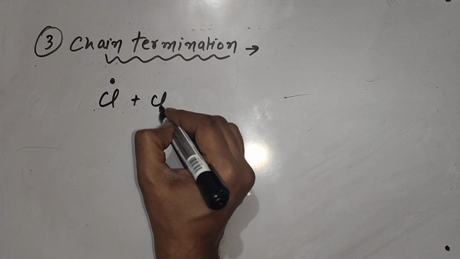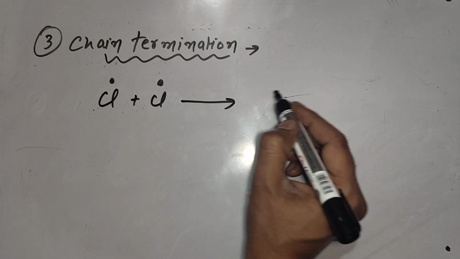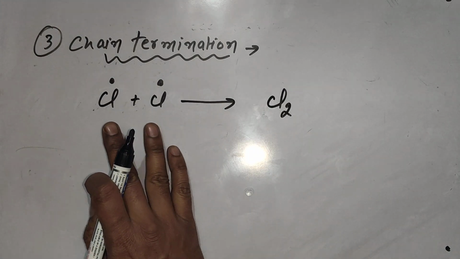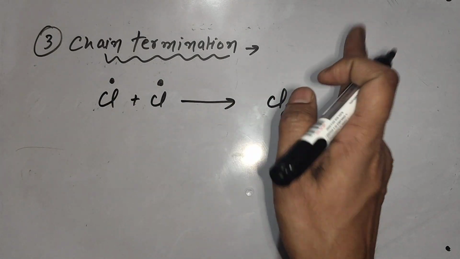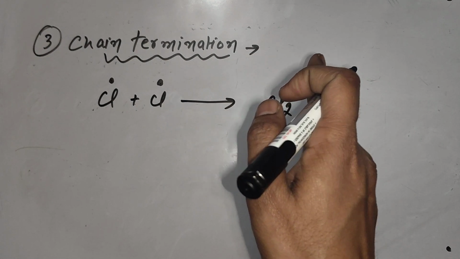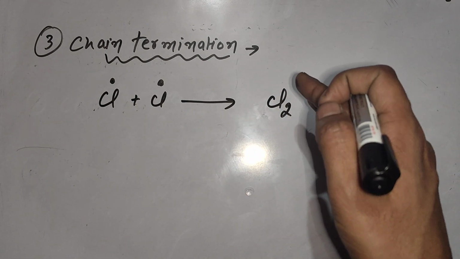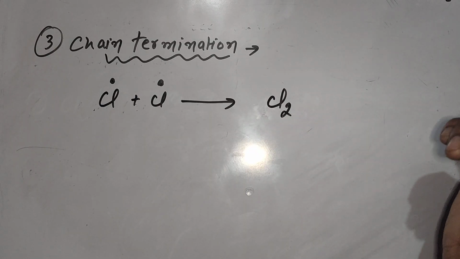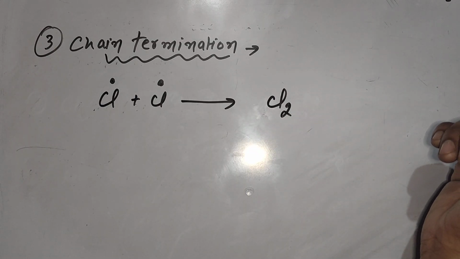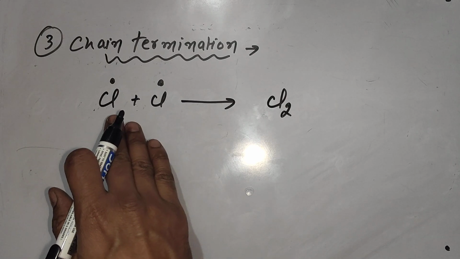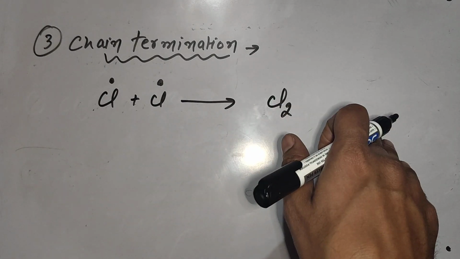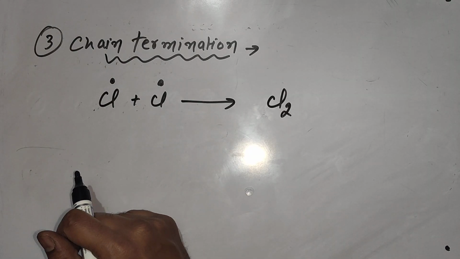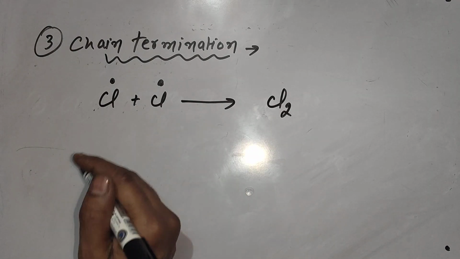Suppose two chlorine free radicals combine back and create a chlorine molecule. So this step is trying to stop the process, because for a free radical mechanism, continuous generation of free radicals is important. If any reaction is not making a new free radical, those reactions will be categorized as chain termination reactions. One is this.